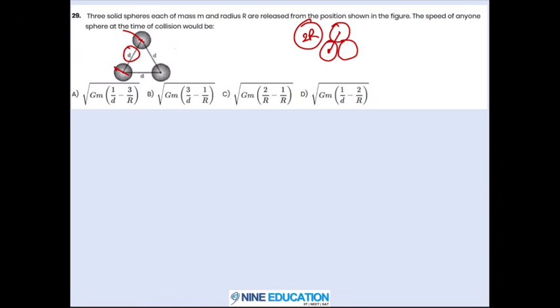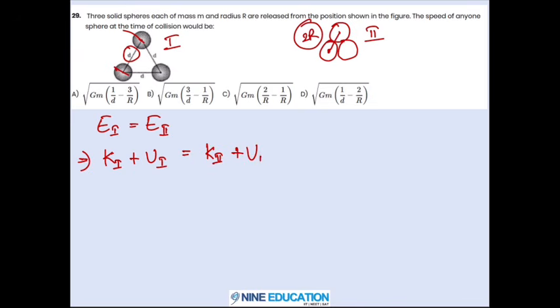And this is very much similar to the previous question. Same thing that you're going to do. This is initial position and this is final position. Total energy at initial position is equal to total energy at final position, which is kinetic energy plus potential energy is equal to kinetic energy finally plus potential energy finally. Initially, the spheres are released, so kinetic energy is 0.